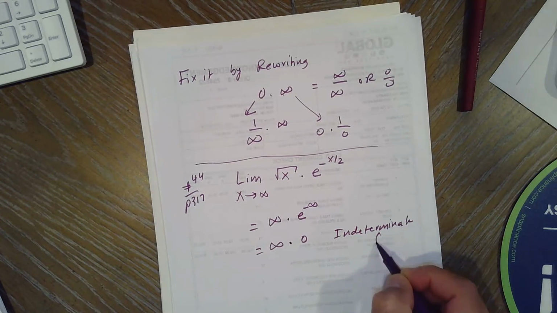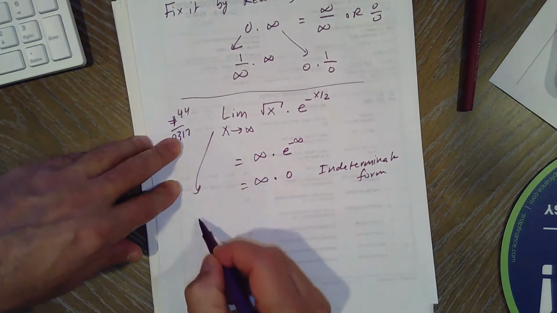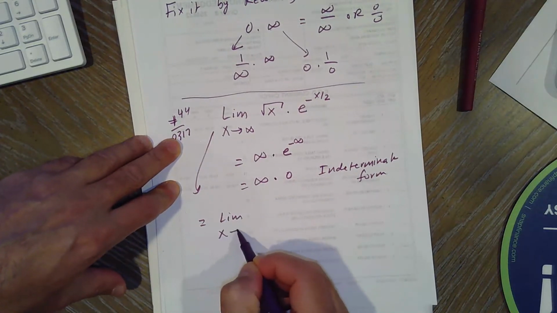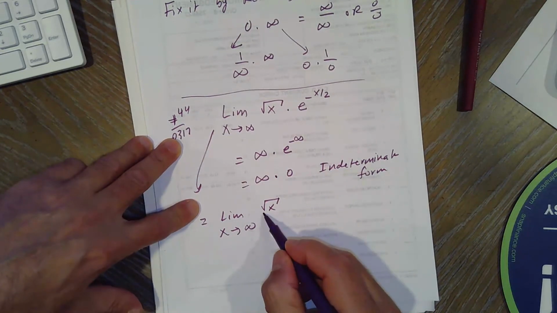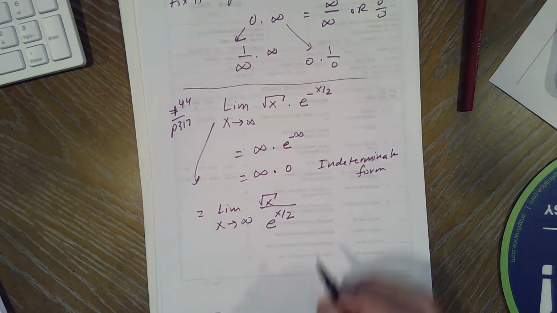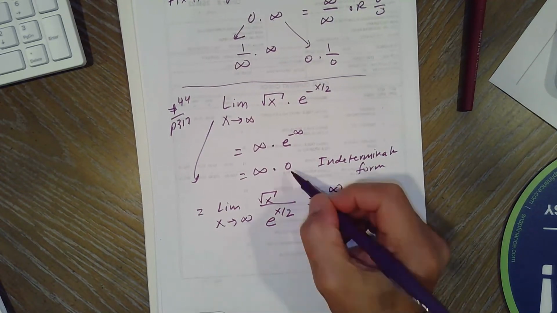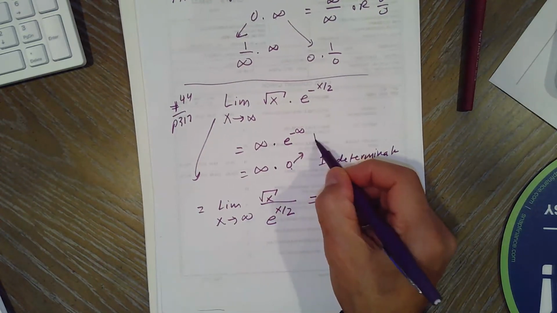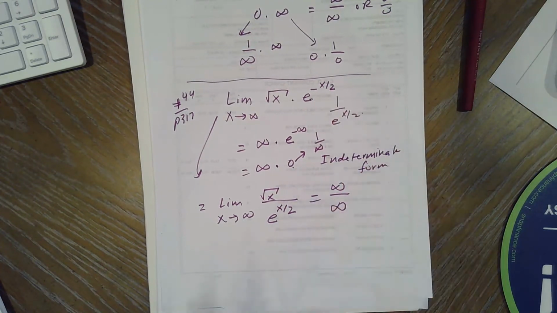To fix it, we can use L'Hopital's rule. We're going to write this as a limit as x goes to infinity, square root of x, and instead of having e to the negative x over 2, we write it at the bottom as e to the x over 2, and now we have infinity over infinity. So we basically changed the 0 into 1 over infinity by putting this under 1. Okay, that's what we did.